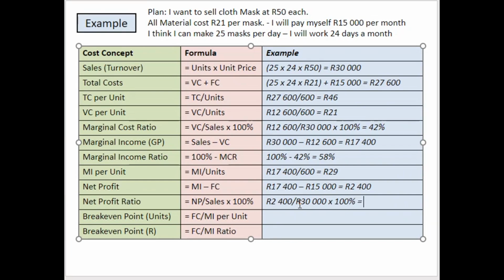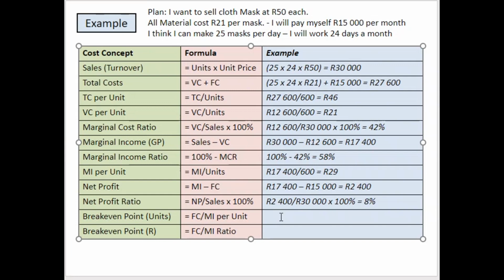Just a note again, we did this in business literacy, but multiplying something with 100% just means that we are multiplying it with 1. 100% is 1. The only reason we're doing it is because it brings the percentage sign into our answer. So 2,400 divided by 30,000 equals, okay, so my net profit ratio is 8%.